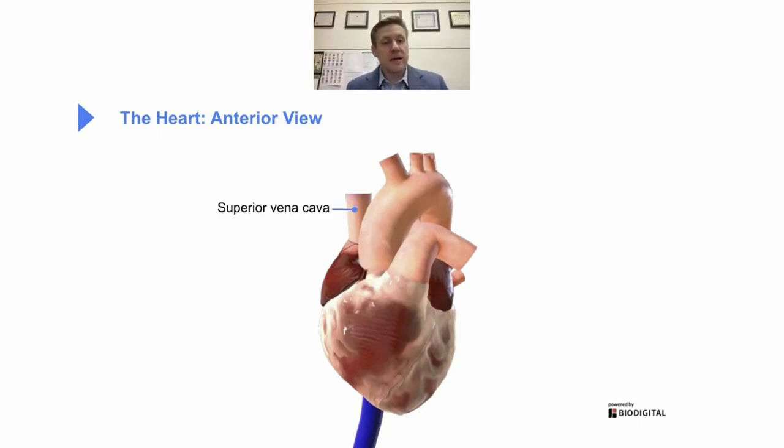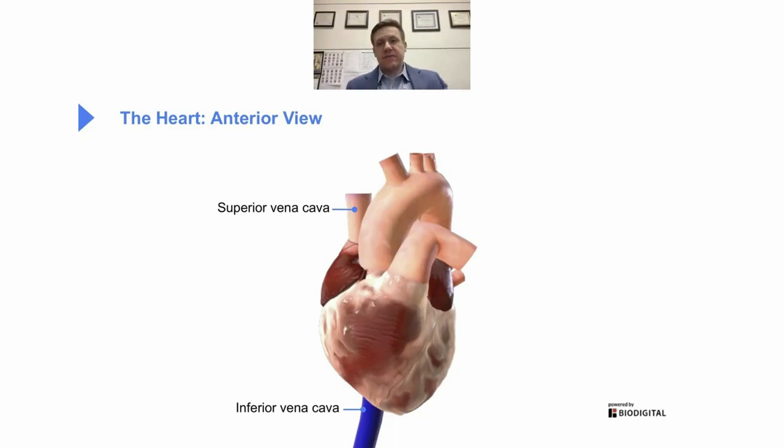So that means we're going to start by looking at the two big veins on the right side of the heart, which are the superior vena cava, or SVC, and the inferior vena cava, or the IVC.